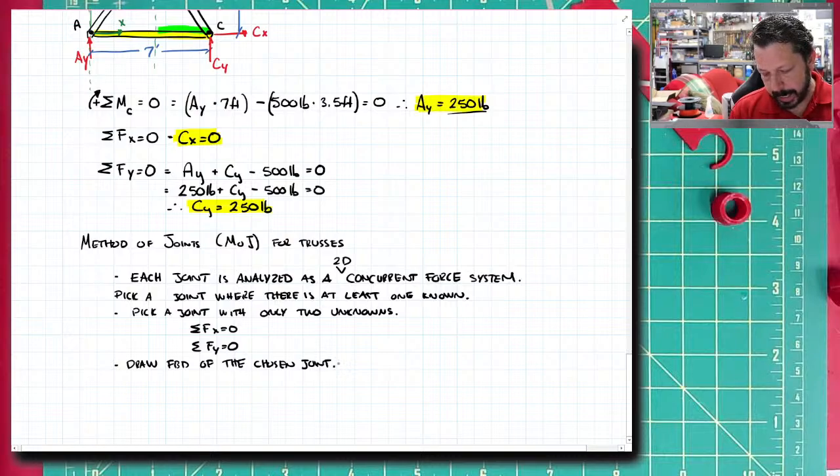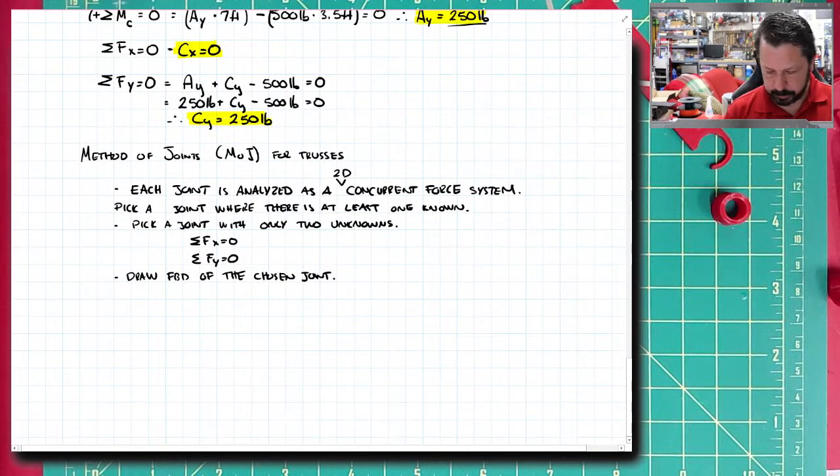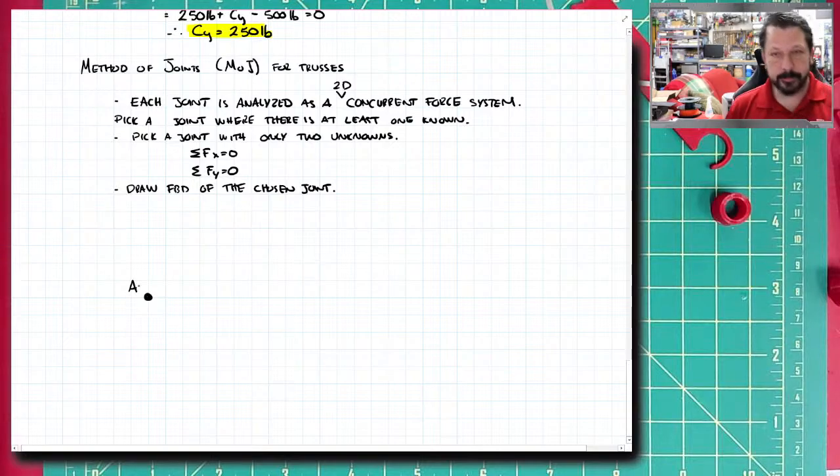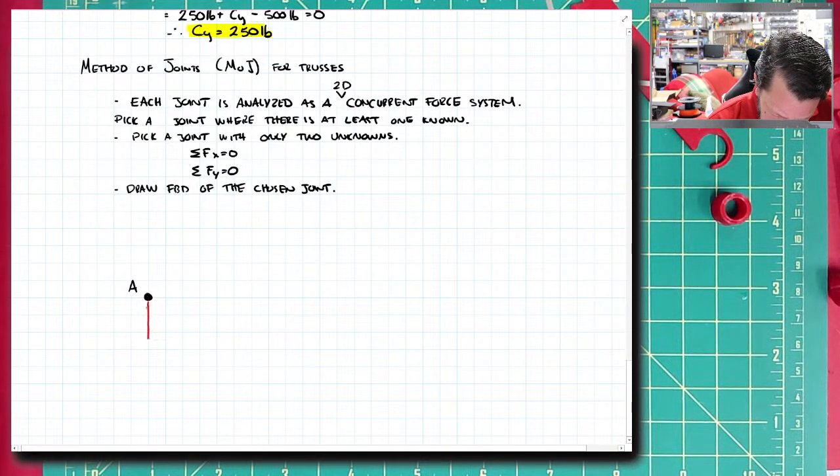Let's start at joint A. The free body diagram of joint A is just a dot or a circle, nothing fancy. And then we need to put all the forces that are on A. So we found AY, and it was 250 pounds.